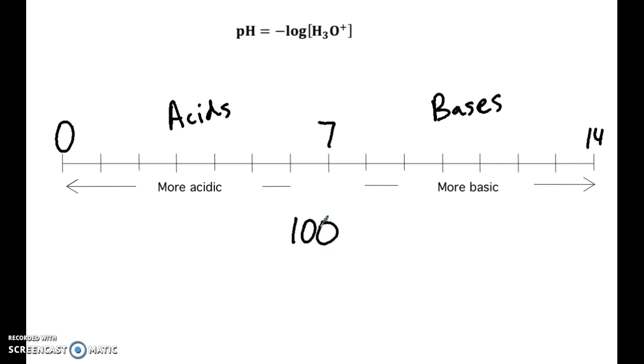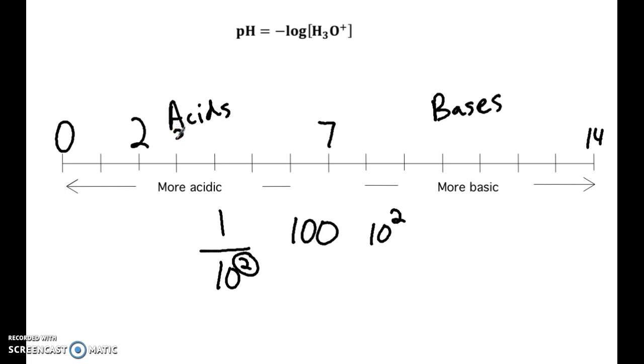Then this would be 10 to the 2, but the negative log of that would be 1 over 10 squared. And if this was the pH of the substance, this number is the number that we say their pH is. So we'd say this has a pH of 2, which means that it has 100 hydrogen ions.